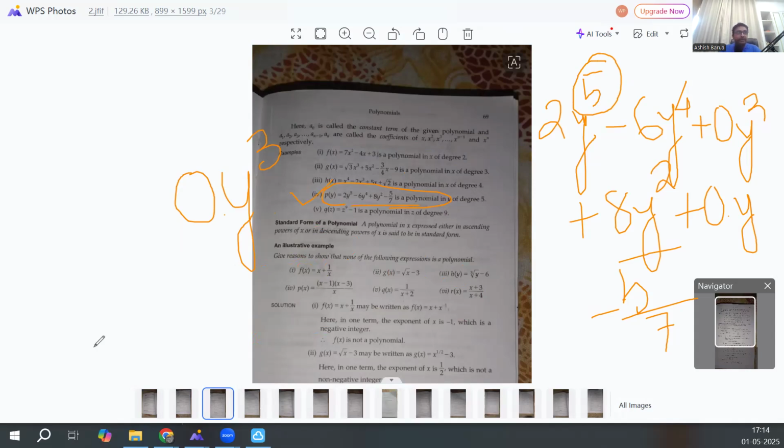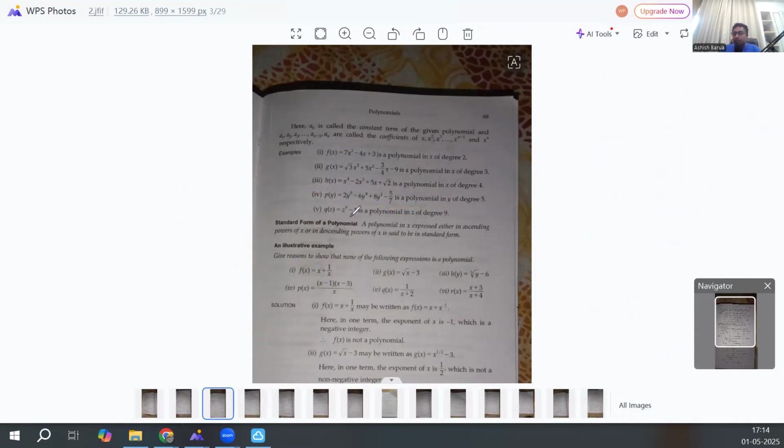Up to this is clear. Next, we will be discussing q(z). Here, q(z) is equal to z to the power 9 minus 1. It's a polynomial with variable z. What does it mean? It means z to the power 9, and the coefficient of z to the power 9 is 1.